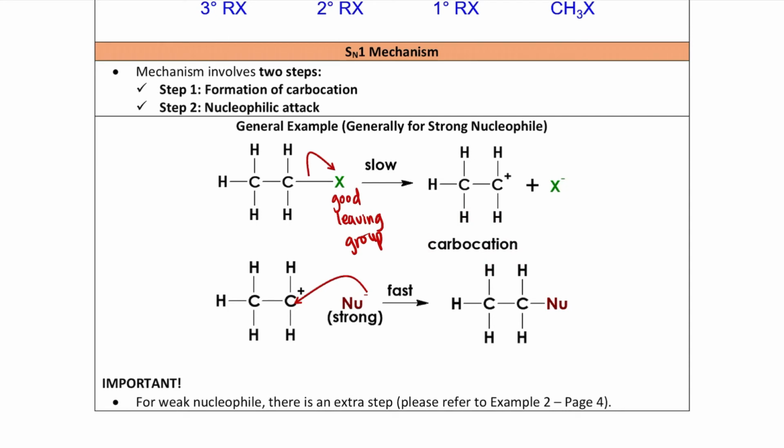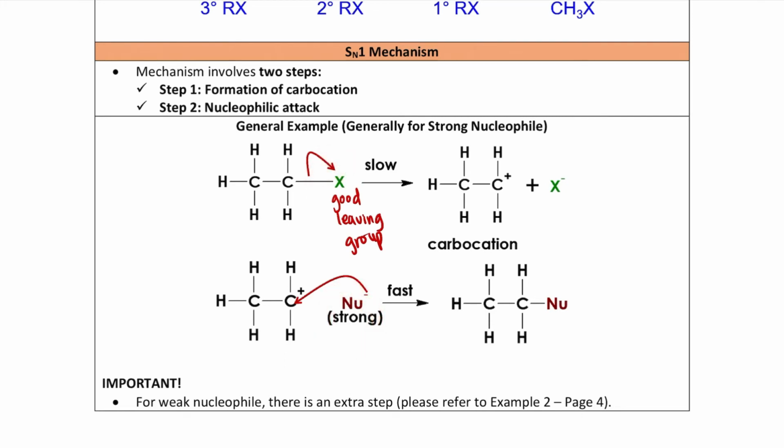Okay, right, so that is the first step, and this step you must label as slow. Okay, slow step, sebab ini adalah rate determining step dia. Okay, so rate of reaction bergantung kepada step yang pertama. Okay, and then next one, once dah form carbocation, kan kita punya reaction adalah nucleophilic substitution. So that's mean we will substitute lah, X yang keluar ni akan ada benda lain yang substitute, which is nucleophile.